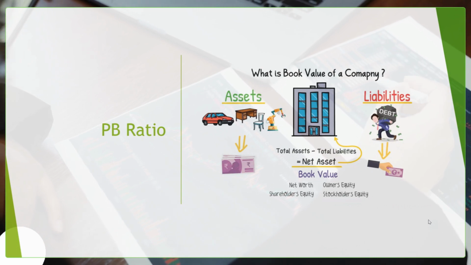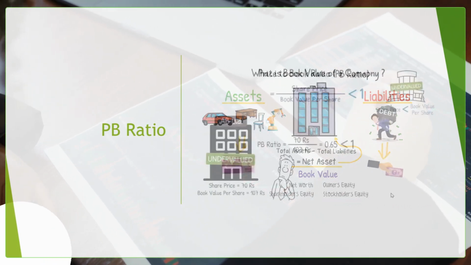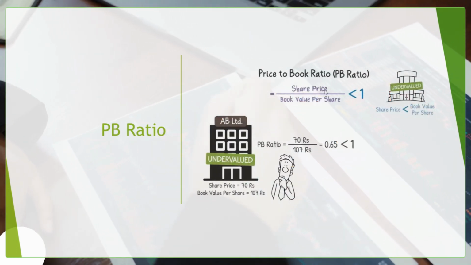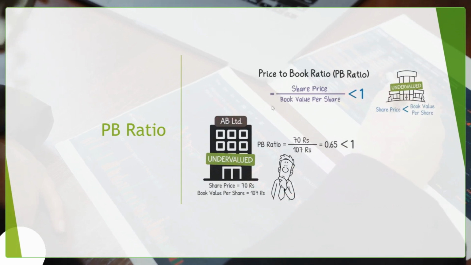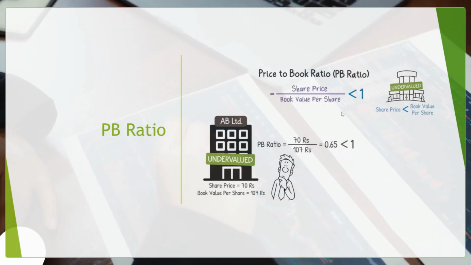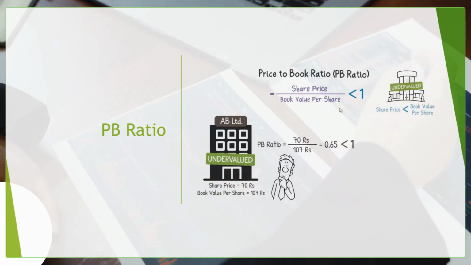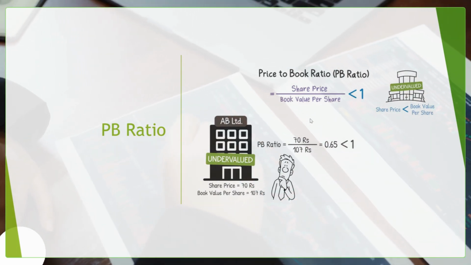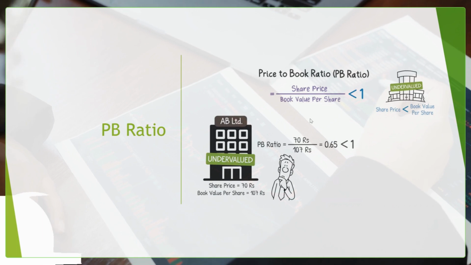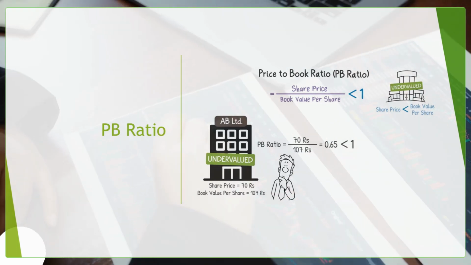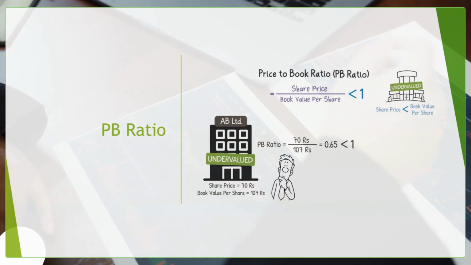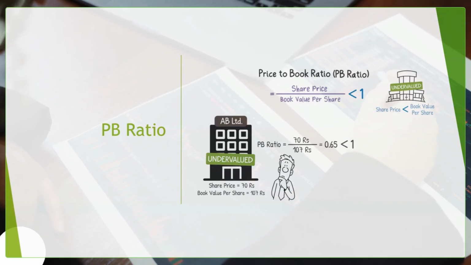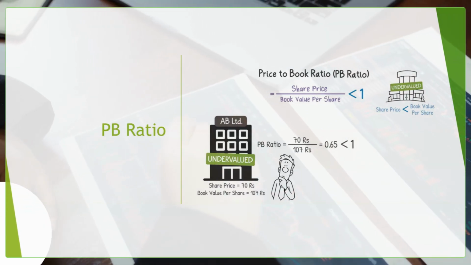Now, what is the formula for the PB ratio? PB ratio is the current share price divided by book value per share. Any stock below its book value you will hardly get. If you are getting a company below its book value, that means the company has some problem and is going through a negative phase.